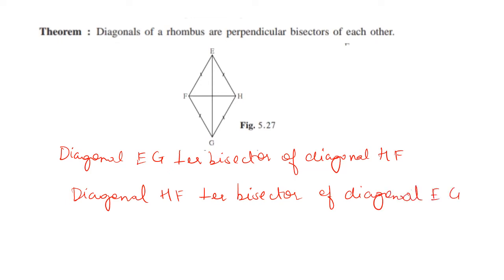You need not solve this theorem, but you have to know that the diagonals of a rhombus are perpendicular bisectors of each other, and one of the properties of the rhombus is that all the sides of the rhombus are equal in length. Okay, so that is why these signs are being given, that all four sides of a rhombus are equal in length.